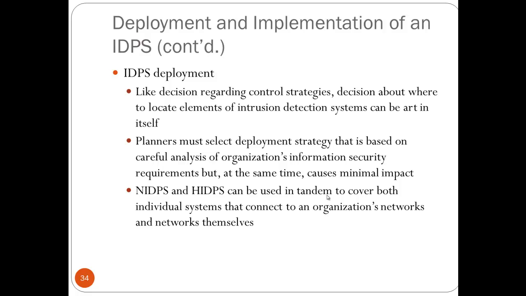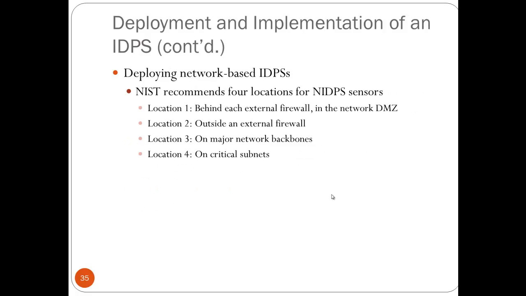You can use both network-based and host-based systems in tandem to cover both individual systems that connect to an organization's network and the network itself. Some basic locations where you would expect to see, at a minimum, network-based intrusion detection system sensors: behind each external firewall and in the network's DMZ.